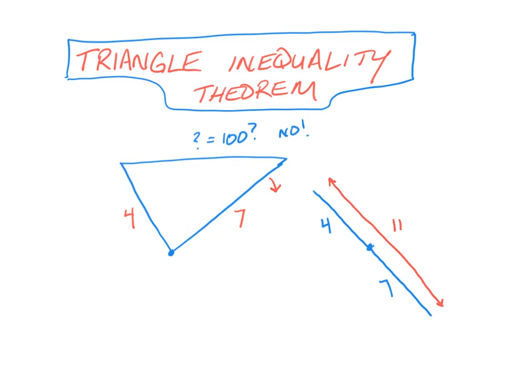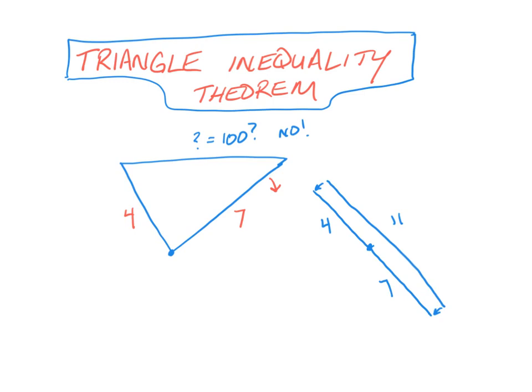Okay, that kind of makes sense. So it can't be 11, because if I took a side here, and I'll make this side blue again, this side's going to be exactly 11. Well, that's not really going to make a triangle because when I attach it to these sides, it's just going to be a straight line on top of a straight line.